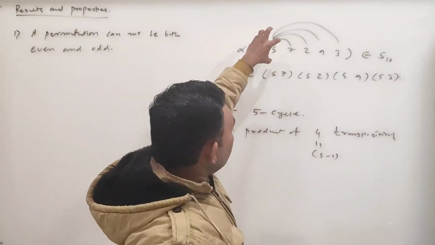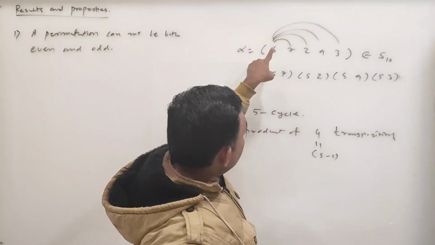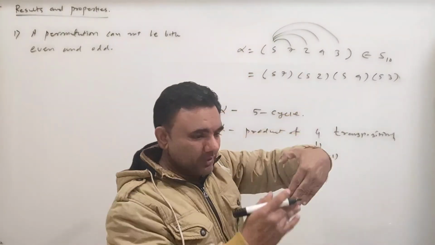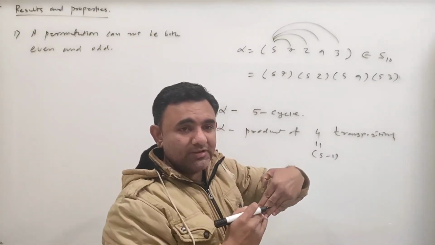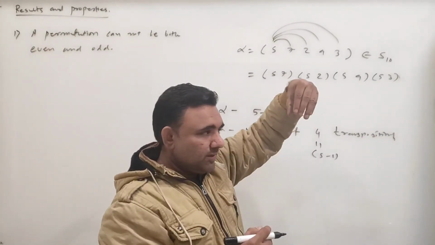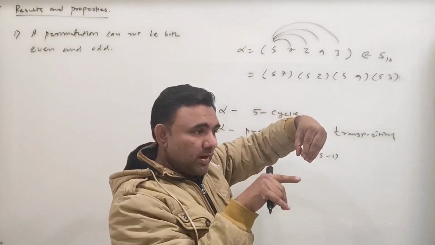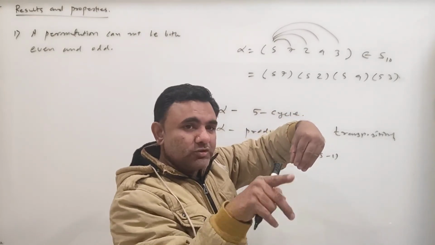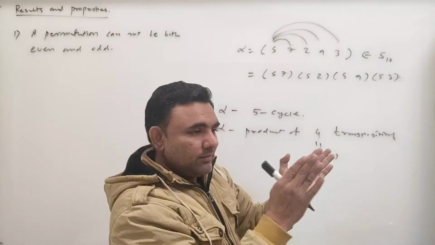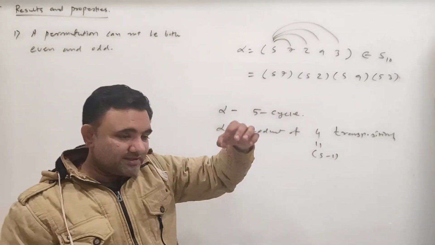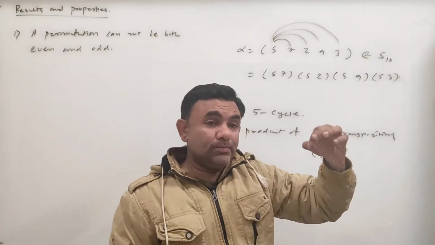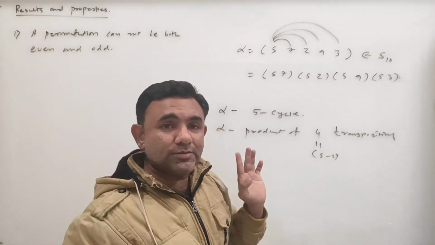तो ऑब्वियसली हमने 5 को फिक्स किया और ये 5 के साथ हर एक की पेयर बनाई. मतलब मेरे पास सपोज n है, n लेंथ का साइकिल है. Suppose I have a cycle of length n. तो उसमें से मैं एक को फिक्स करूँगा और बाकी के हर एक के साथ मैं उसकी पेयर बनाऊँगा. And that pair gives me a transposition, and as a result I have a cycle of length n is a product of n minus 1 transposition.